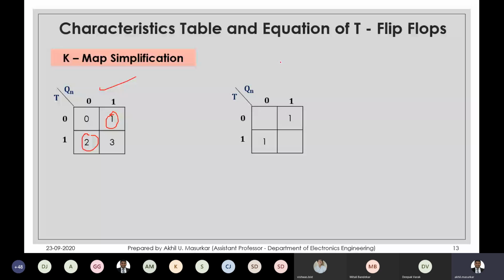Okay, so these are my two terms. Let me check. P XOR QN. That is right, Shubham. So you can just use one XOR gate.